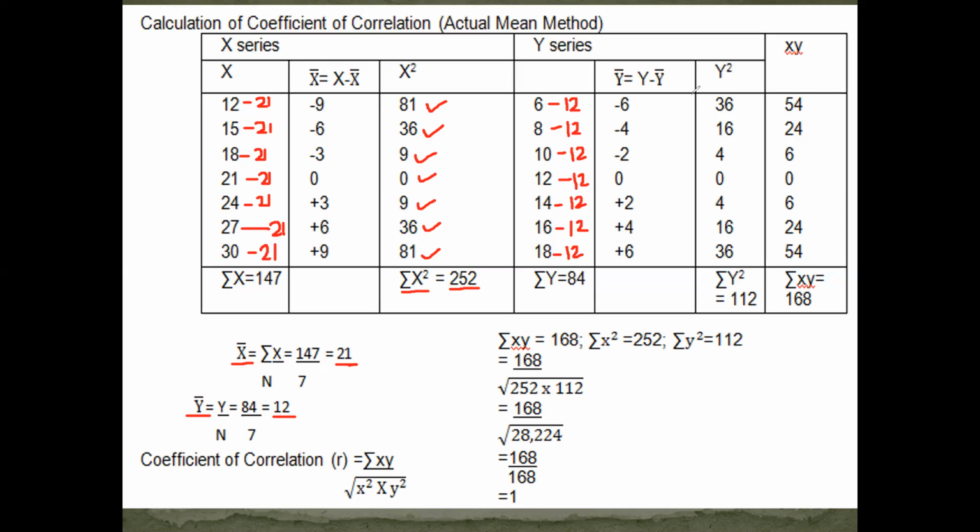And then the next column is your y square. So 6 square 36, 4 square 16, 2 square is equal to 4, 0 square 0, 2 square 4, 4 square 16 and 6 square 36, and summation y square is equal to 112.